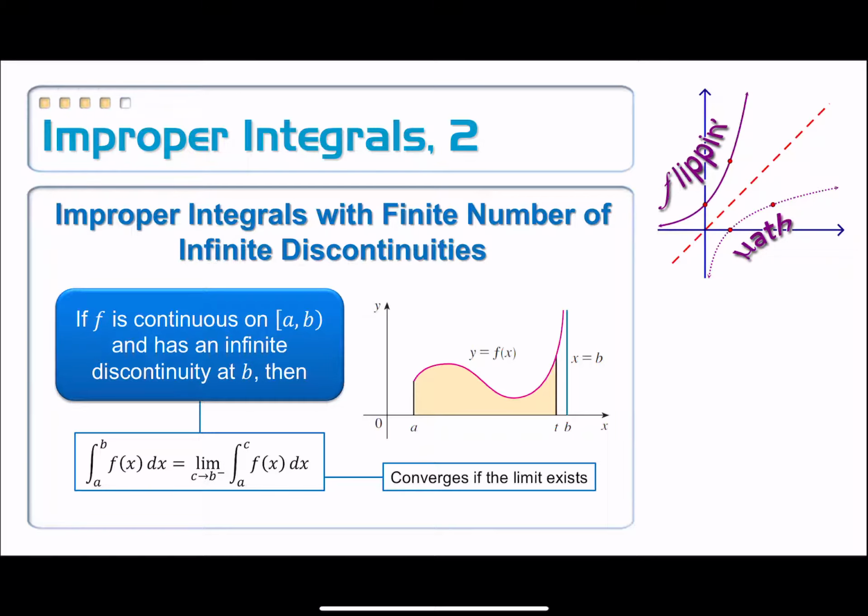Once I've turned it into this one-sided limit, I can evaluate the definite integral and then perform the limit. If the limit exists, we'll say that it converges, just like on the previous ones, and we'll say that it diverges otherwise. It's going to shoot off to infinity, okay?